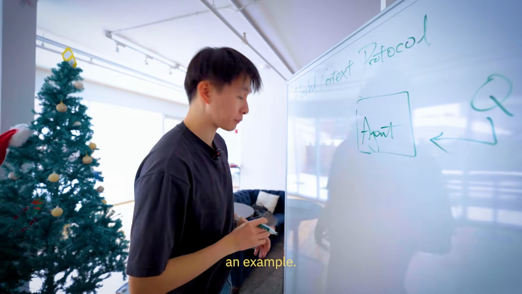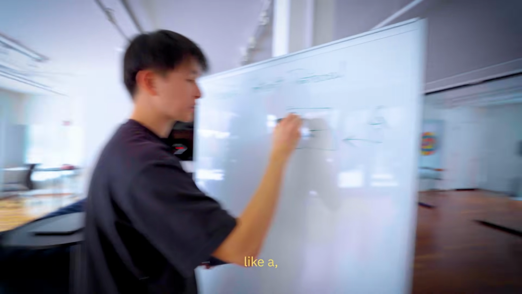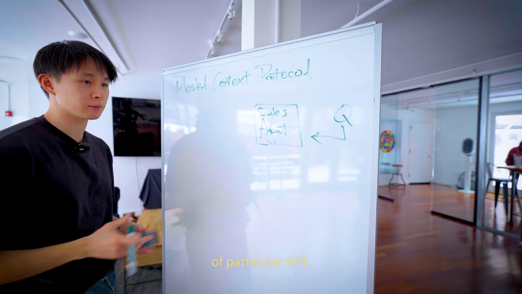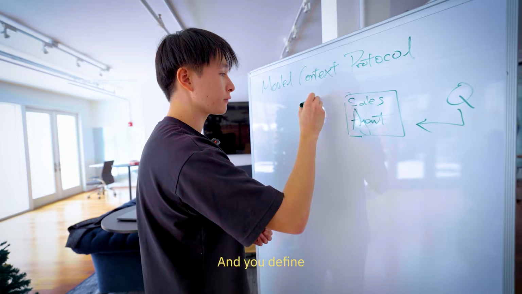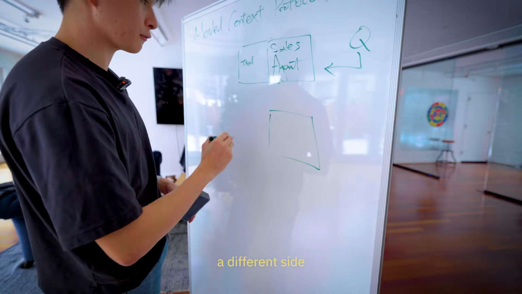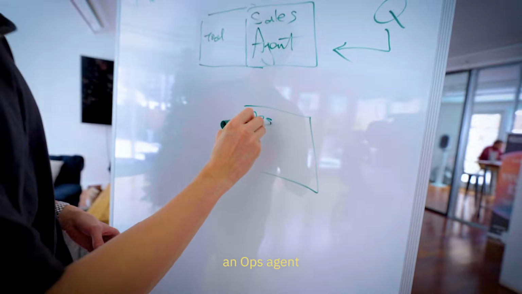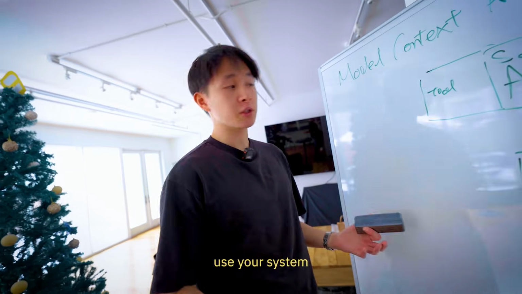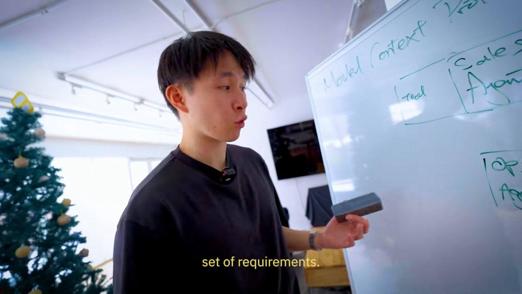I'll give you an example. Let's say we make this agent a sales agent. It helps out your sales team with fetching data for some type of particular KPI, right? And you define a set of tools that's embedded within this agent. Let's say we have a different side, an ops agent. The ops team is not going to use your system because they have different requirements.